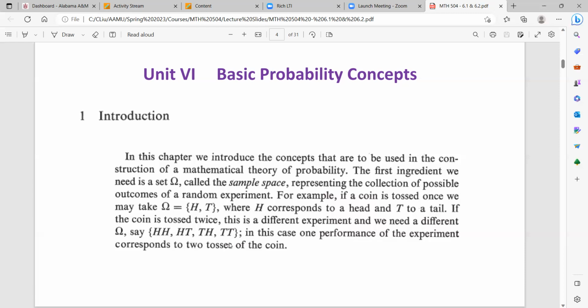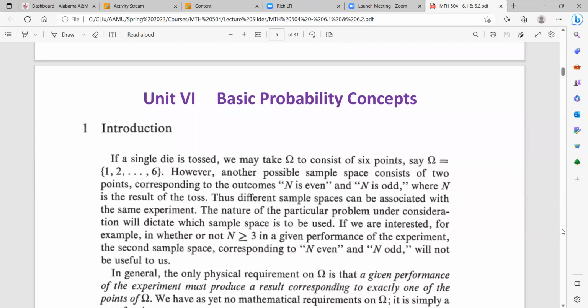When you think about the outcome of tossing twice, you have to include the outcomes of each individual try, so each element includes two outcomes. So one performance of the experiment corresponds to two tosses of the coin.